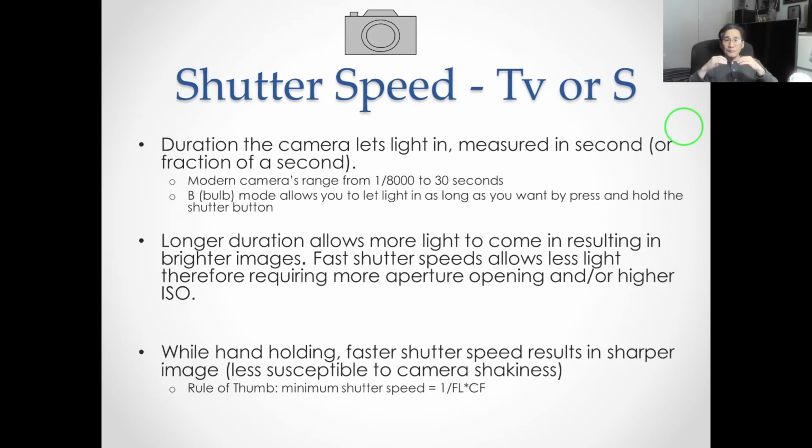When it gets magnified like that, it's easier to get more blur because of the magnification factor. So instead of 1/focal length, you do 1/focal length multiplied by the crop factor, which is 1.5 or 1.6. So in this example, it would be 1/80 instead of 1/50. Okay, for crop sensor. All right. So next slide.